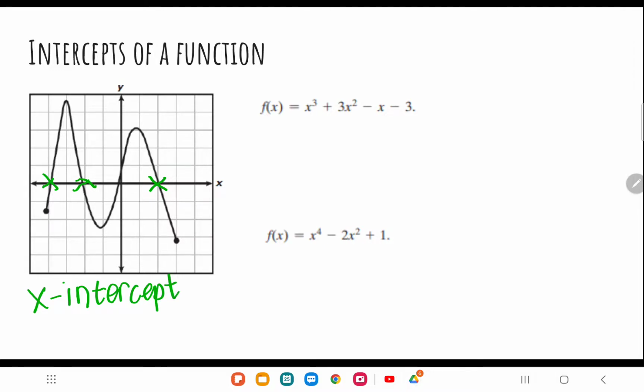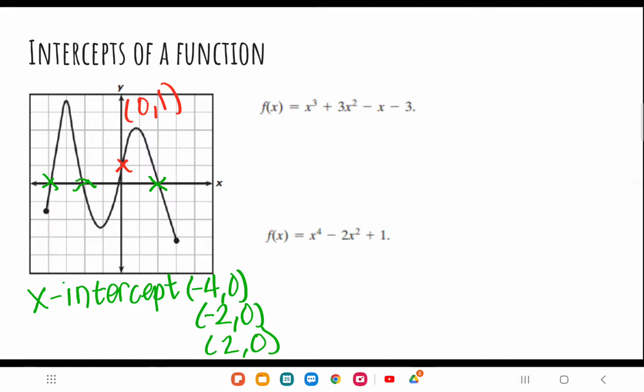I'll write those as coordinate points: approximately (-4, 0), (-2, 0), and (2, 0). We also have a y-intercept located at (0, 1). So that's how we would use the graph to identify the intercepts of a function.